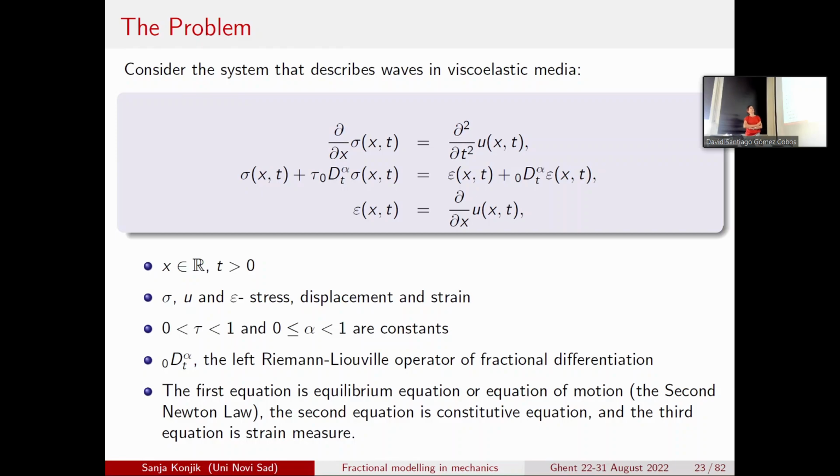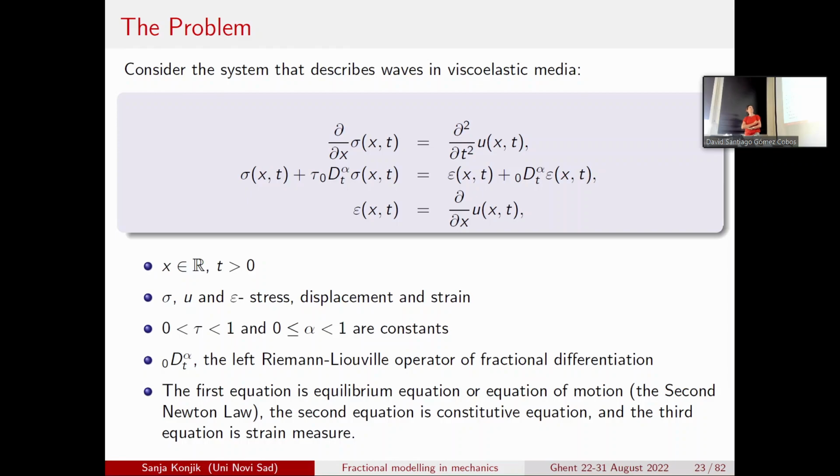And then the first step is to derive the corresponding wave equation from this system. As you remember, we do that by applying first the Laplace transform to the second equation, then inserting epsilon, the strain, from the third one into the second one, and then everything into the first one, and we obtain the corresponding wave equation. Okay, we started with this Zener model.